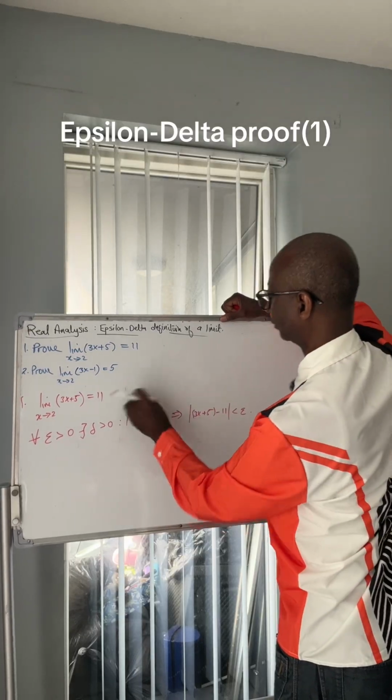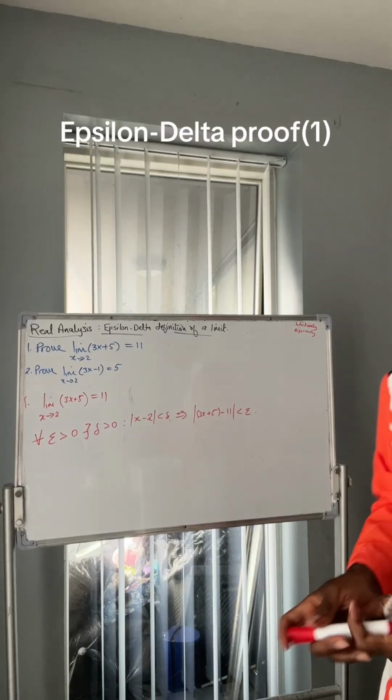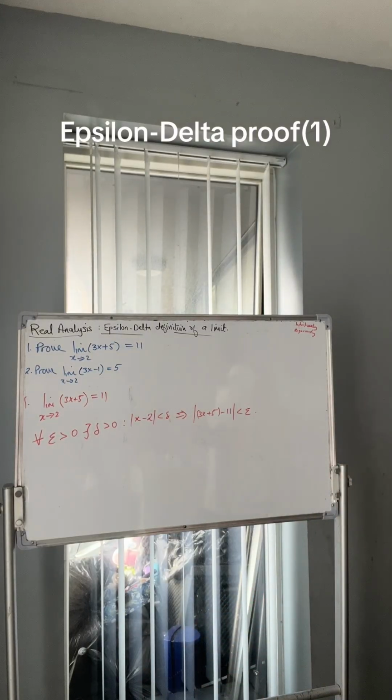So after stating this condition, for all epsilon greater than 0, there exists a delta greater than 0, such that the absolute value of x minus 2 is less than delta, then it implies that the absolute value of the function minus the limit is less than epsilon.